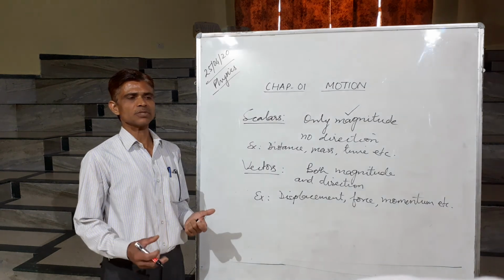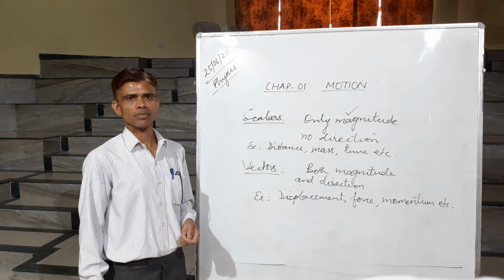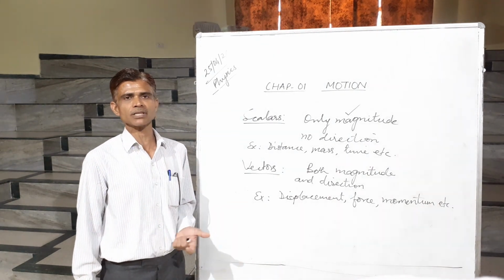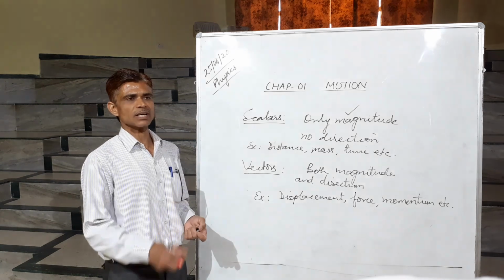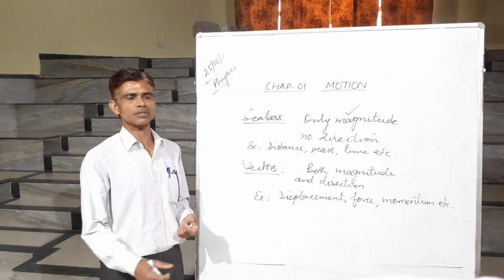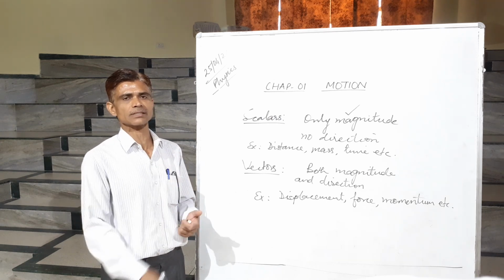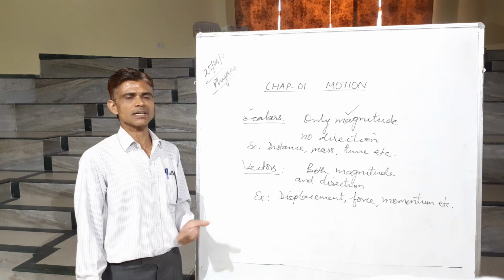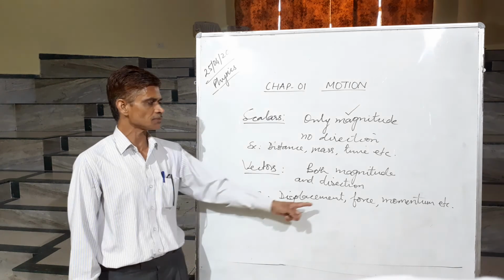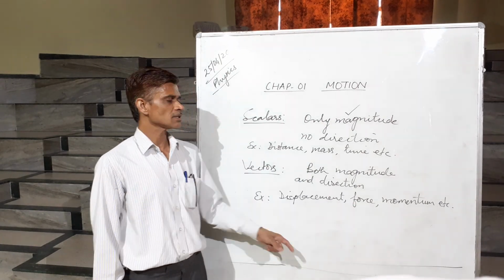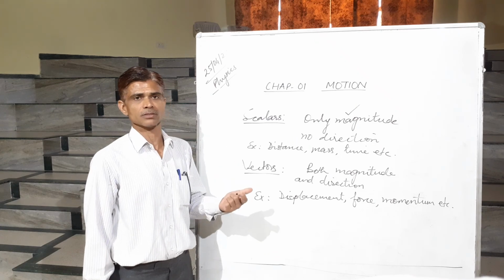You can move the chair in any possible direction, because I have not given the complete information. I must say apply a force of 10 Newton on this chair towards west direction or towards north direction. If I simply say apply a force of 10 Newton, that is incomplete information about the force. So for force, you require both magnitude as well as direction.